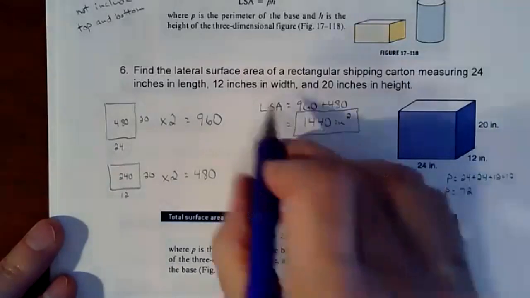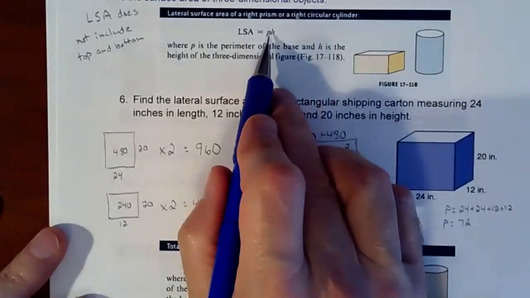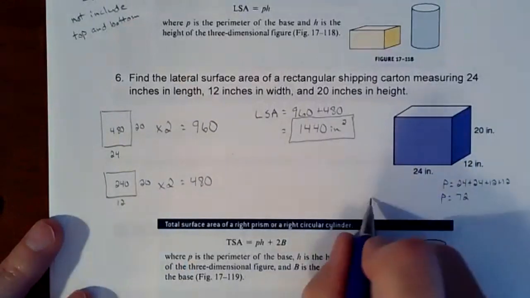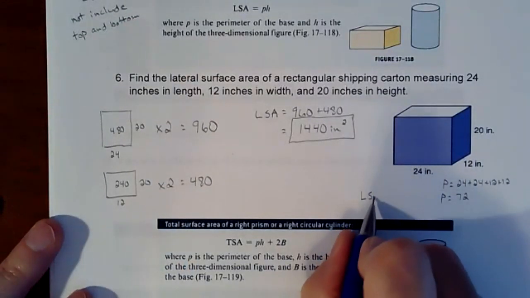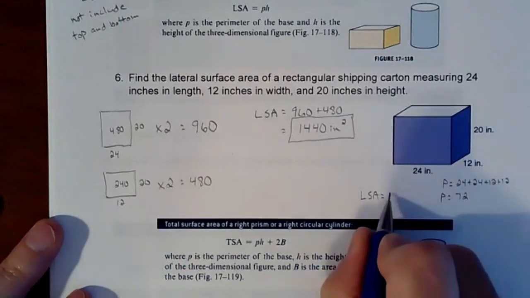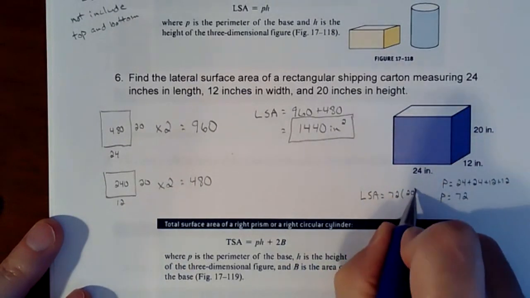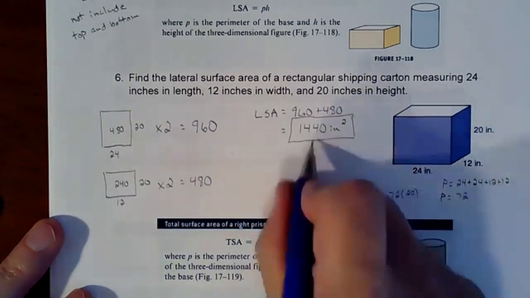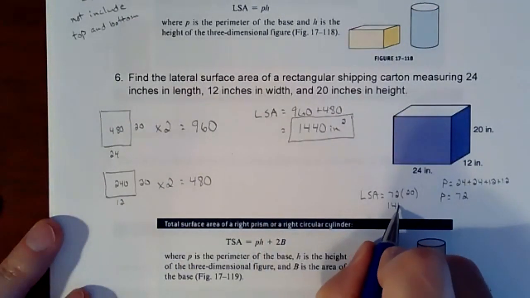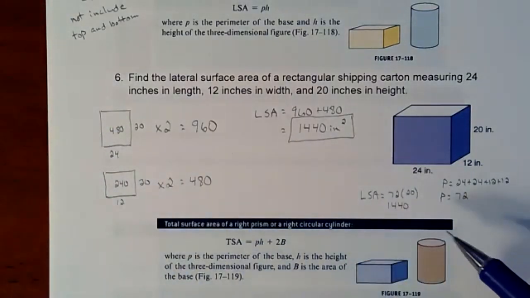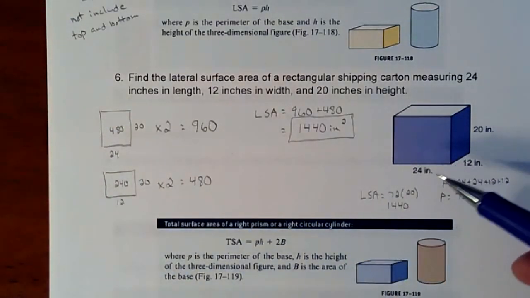Then they're saying you can find the lateral surface area by doing the perimeter times the height, so 72 times 20. If you multiply that, you get the same 1440. That may be quicker. I just don't love it because I don't see the pieces going together, and it's way less visual.